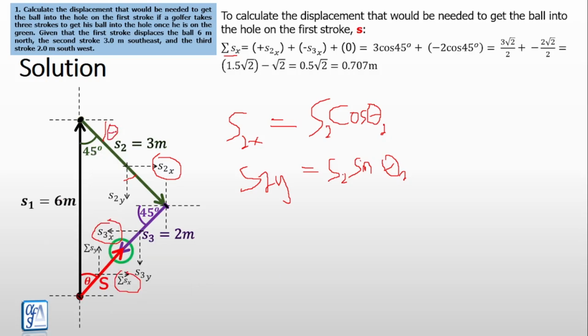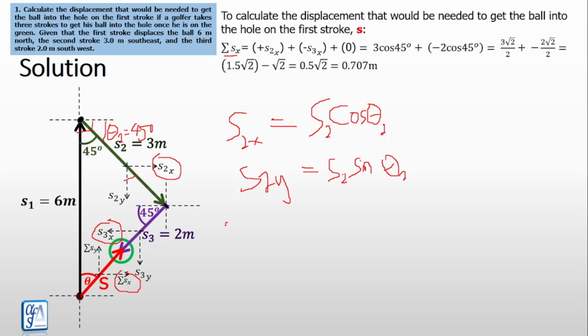But dealing with the horizontal component, this S2x, and theta 2. So theta 2 is also going to be 45, because the whole of this angle is 90 degrees. So if this place is 45, then this place is also 45. Here, this is the horizontal inclination of this S3.